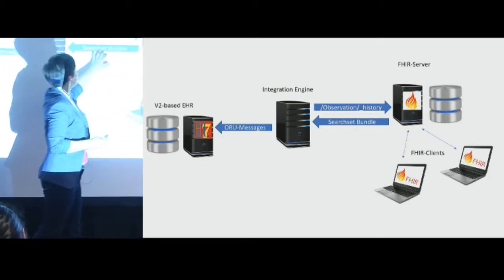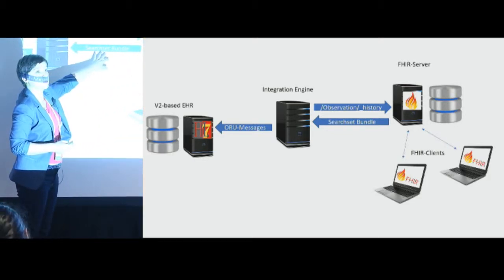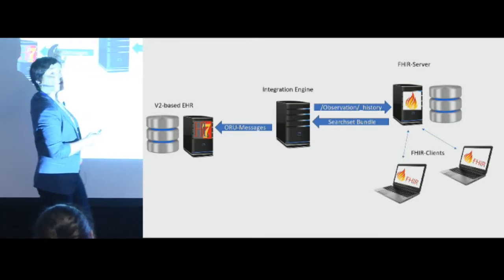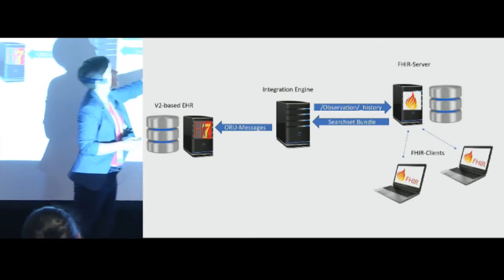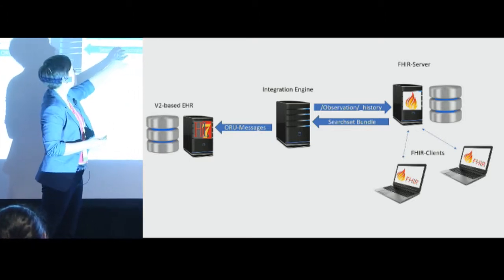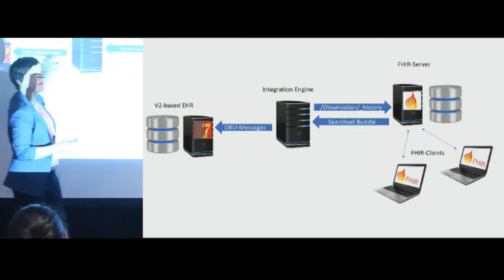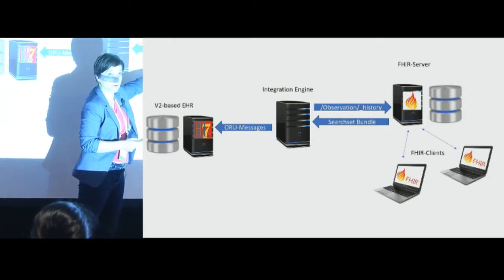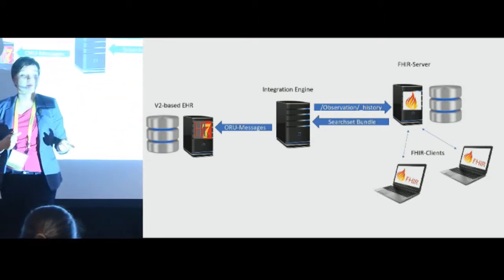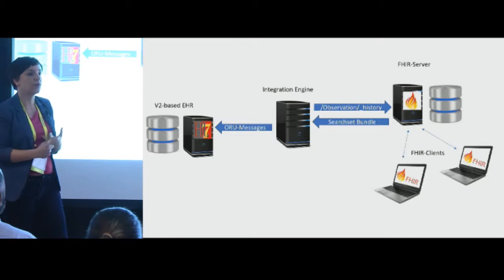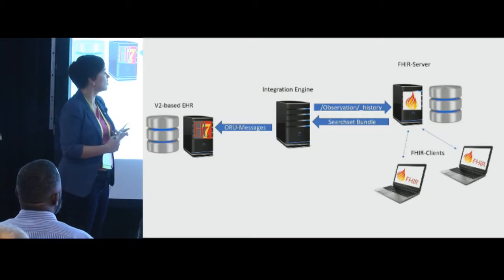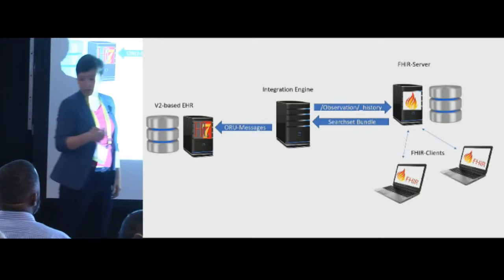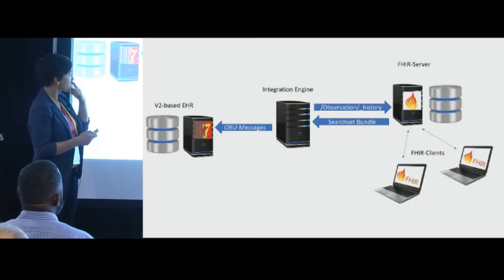From this search result bundle, we would then be able to create the ORU messages, but only after running another interaction with the FHIR server, because in order to create an ORU message from just an observation resource, we will also need at least some basic patient demographics and basic information about the encounter that needs to be part of this ORU message.